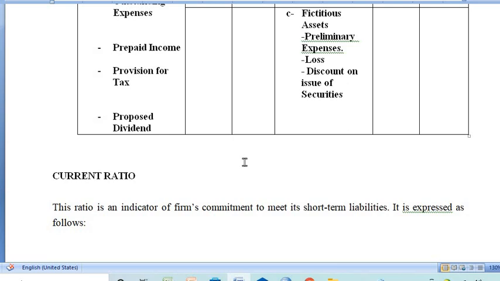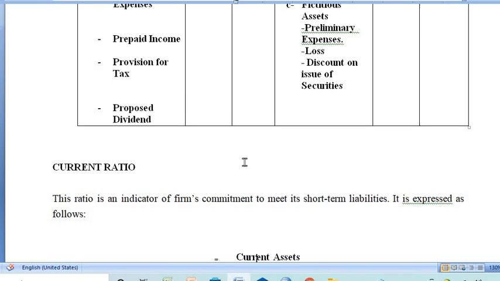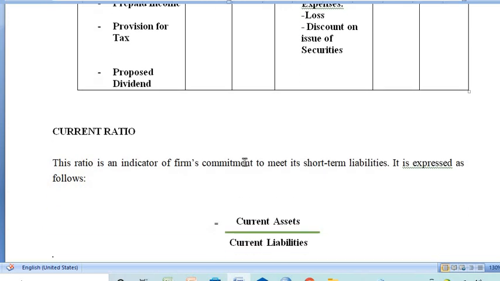The main purpose of computing this ratio is to identify whether the particular business is able to meet its short-term or current liability from the revenue generated from the current asset. For that purpose only we are computing the current ratio.